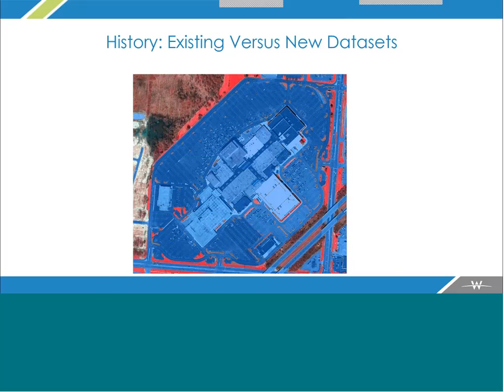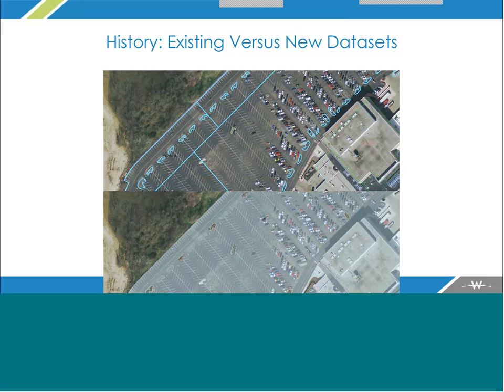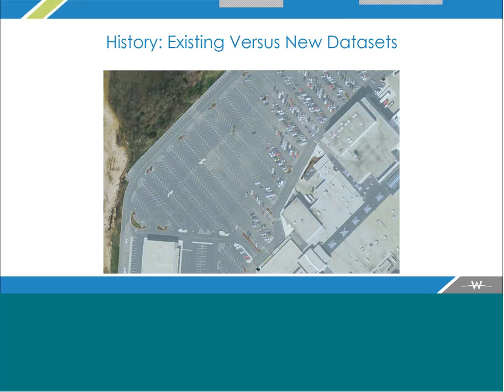Now, how does that compare to the existing data? The existing data has relied upon the architectural drawings or the as-built for this particular area. And as you can see, they had intended to put a lot more islands in this parking lot. And really what it turns out is that there weren't as many islands in this parking lot as had been intended.